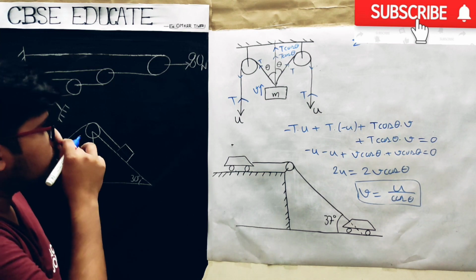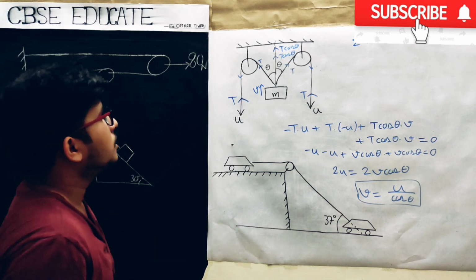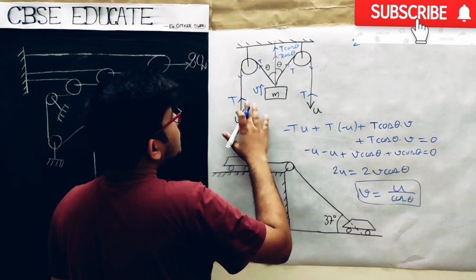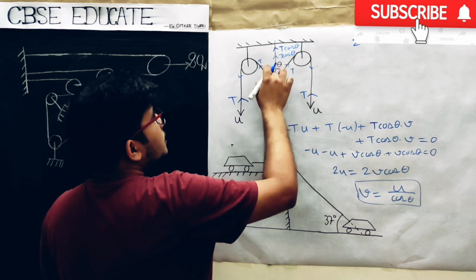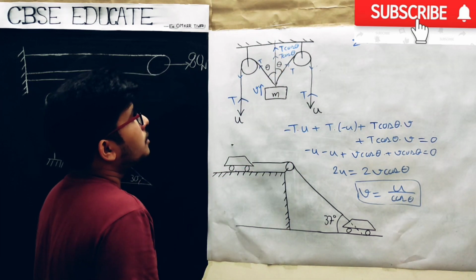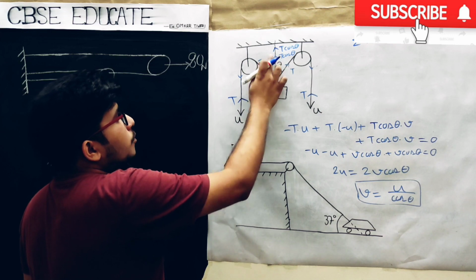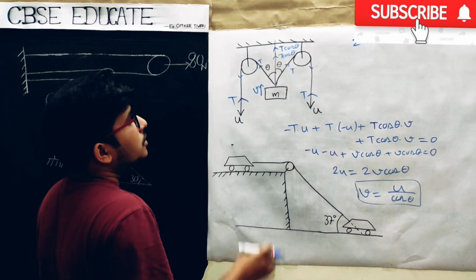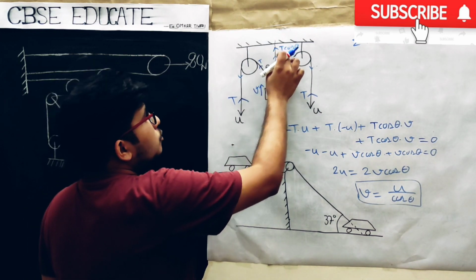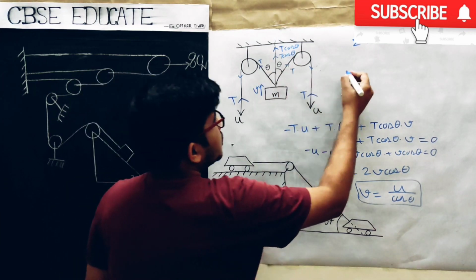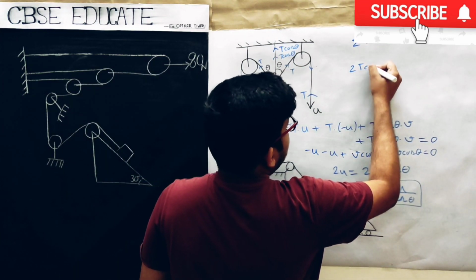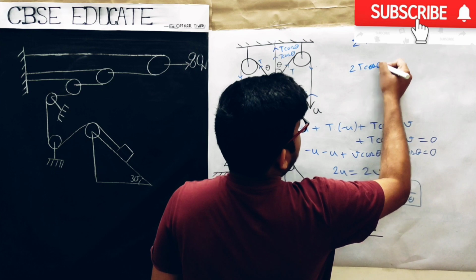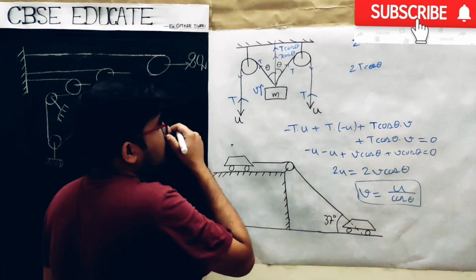And you can also do it with a trick. See, the tension over here, by taking components and adding these two, is 2T cos theta.